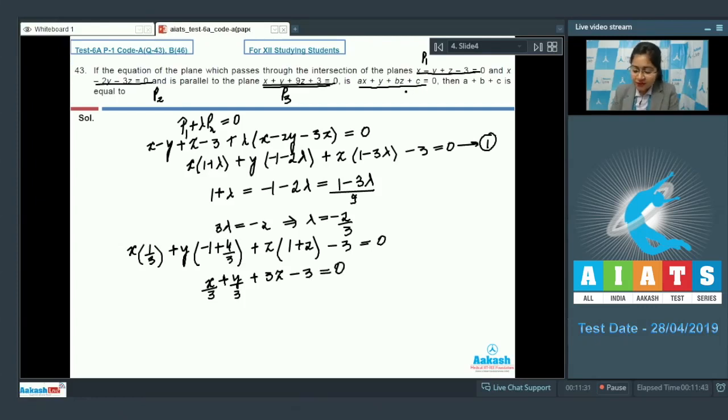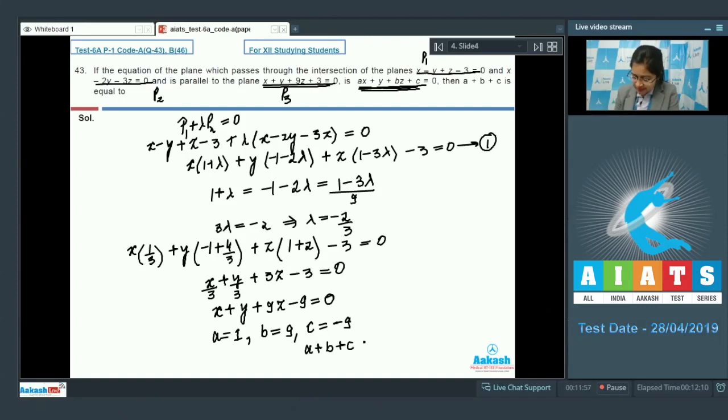In the given equation of plane, the coefficient of y is 1, so we write x plus y plus 9z minus 9 equal to 0. Comparing it with the given equation, a is equal to 1, b is equal to 9 and c is equal to minus 9. So the value of a plus b plus c will be equal to 1. So the required answer is 1.